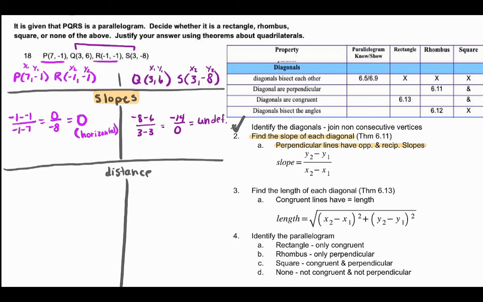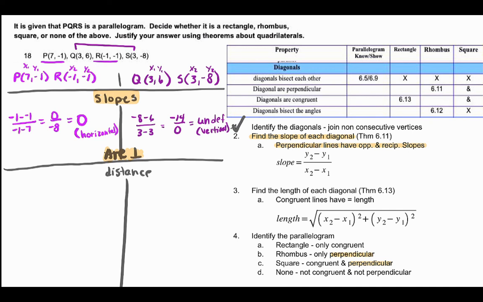And when we have a slope of undefined, we have a vertical line. So these are perpendicular. So we do have perpendicular.